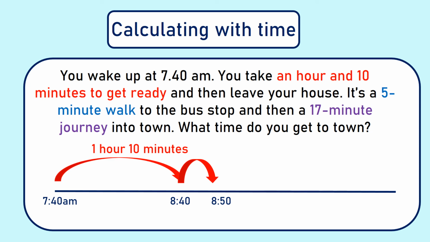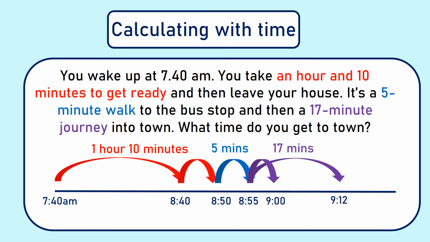Then we've got a 5-minute walk to the bus stop, which takes us to 8:55, and then a 17-minute journey into town. So because it's 17, you've got 5 minutes up to 9 o'clock, and then you've got the difference between 17 and 5, which is 12 minutes after 9 o'clock. So the actual time you get into town would be 9:12.